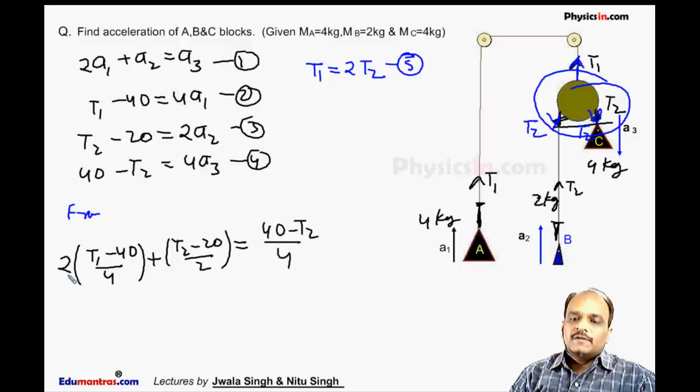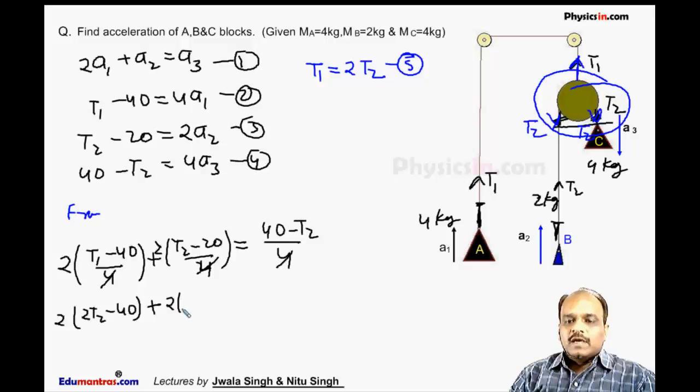Now from here I can write T1 is also equal to 2T2. So I will substitute it here. So 2 times T1 means 2T2 minus 40 by 4. I will make it 4 here also. This is 2 and this becomes 4. I will cancel this 4, plus 2 times T2 minus 20 is equal to 40 minus T2.